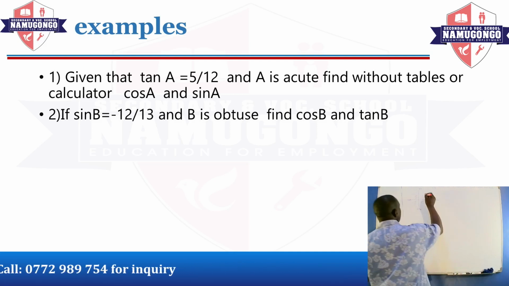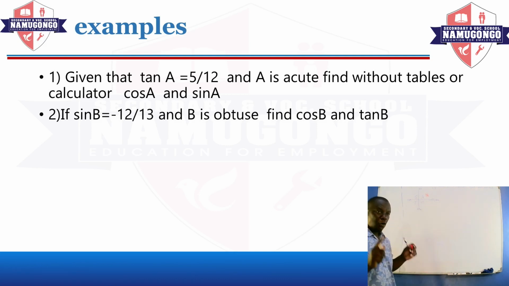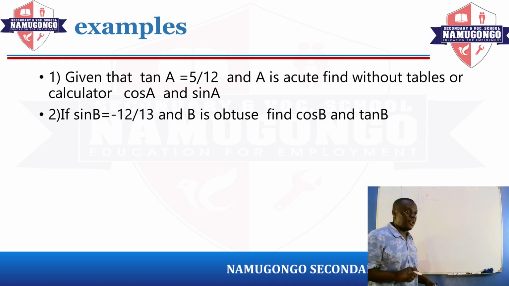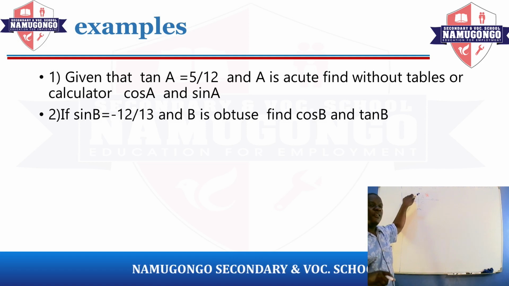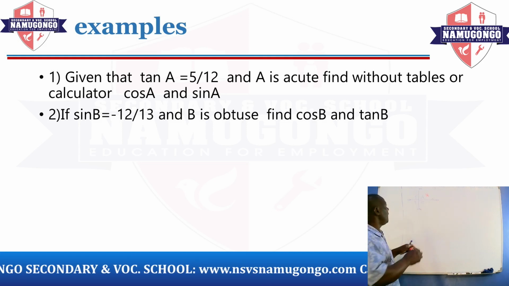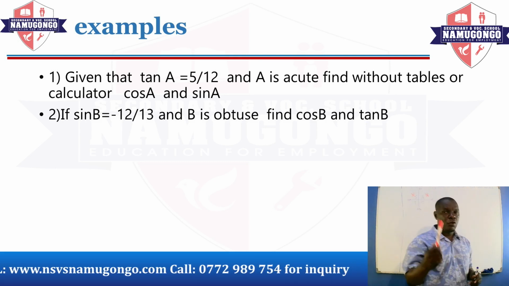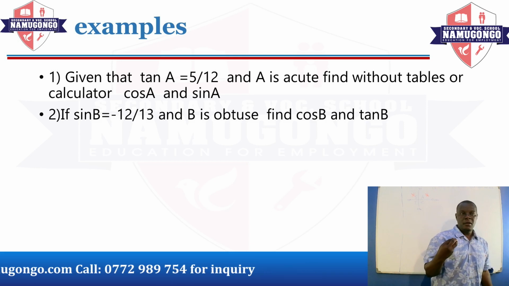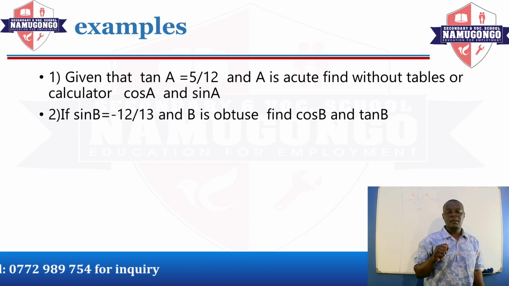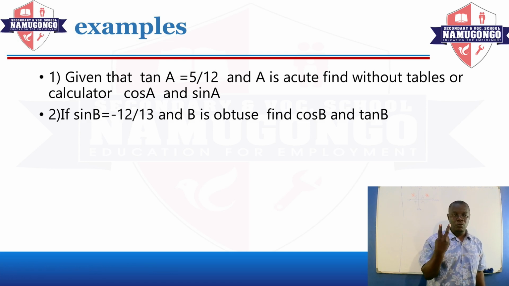We cannot have negative signs in the first quadrant because in the first quadrant all the ratios are positive. So a negative cannot be there. That one you ignore. You come to the second. In the second, we said sines are positive, but the question is giving us a negative sine. That means we cannot work there as well. So the first two quadrants are discarded because of the negative sign.